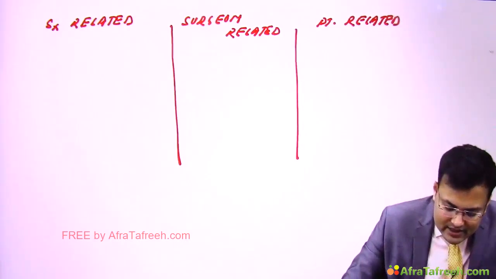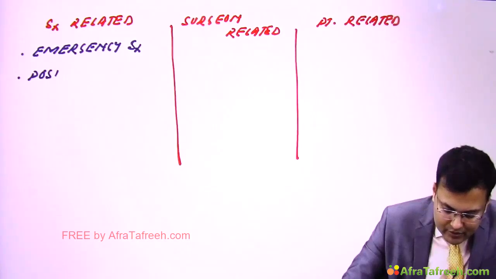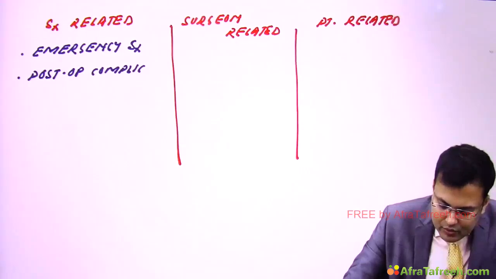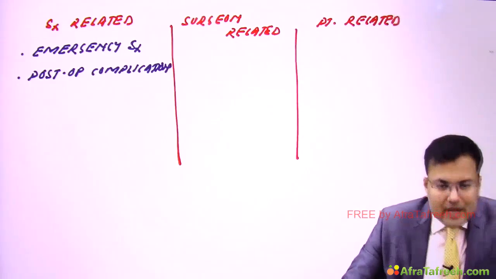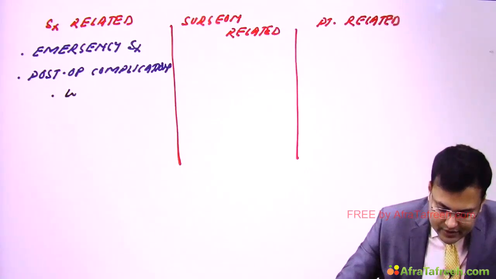So surgery related, generally it is seen in which surgery? It is more common in emergency surgeries, and if there is post-operative complication. So patient developed post-operative complication like burst abdomen, like wound infection. So if there is wound infection, there was burst abdomen.